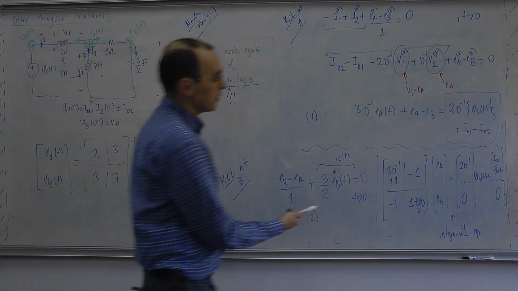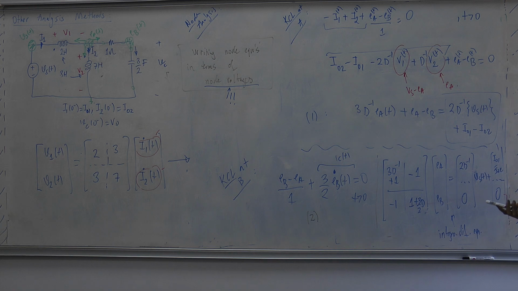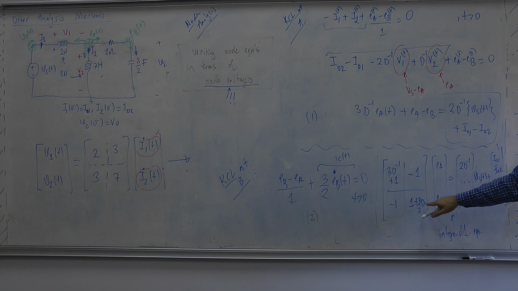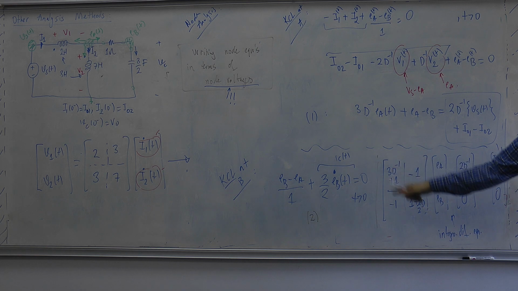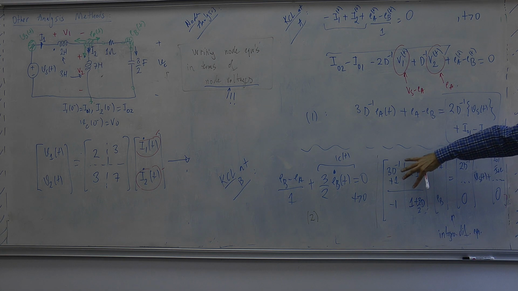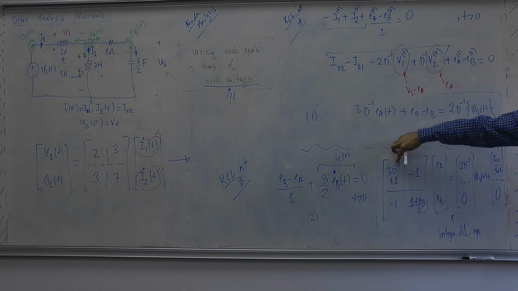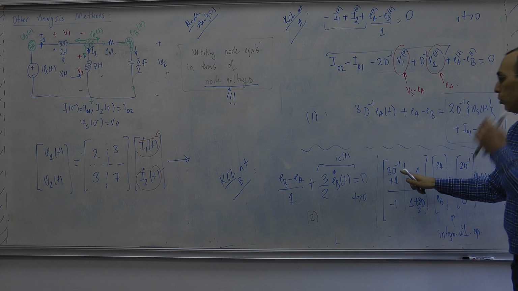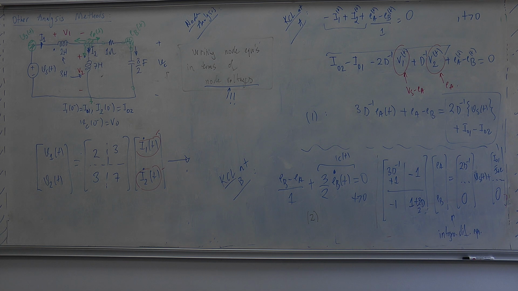Again, the solution of this is, so how do you find the natural frequencies? Instead of D, you are writing lambda, so this becomes 1 over lambda, this becomes lambda, and you try to evaluate the determinant of this matrix as a function of lambda, so you get a polynomial in lambda. So you are trying to make this matrix singular at a specific lambda value, and those lambda values will be the natural frequencies of the circuit. Again, you may miss a natural frequency.